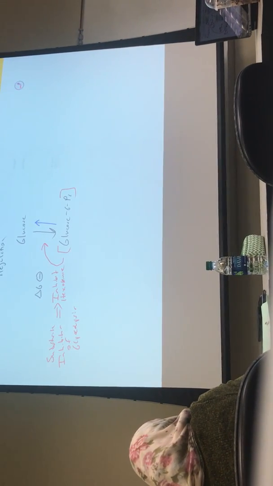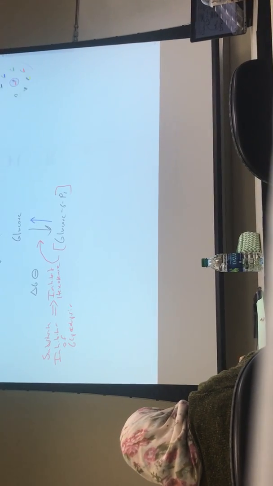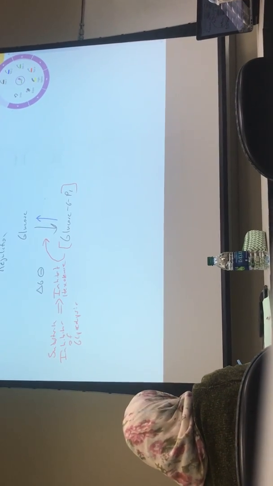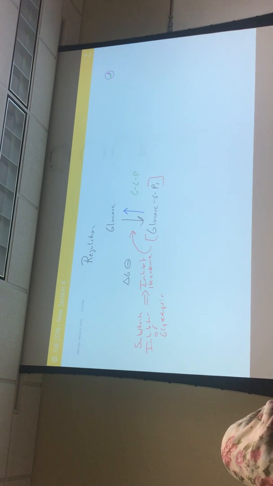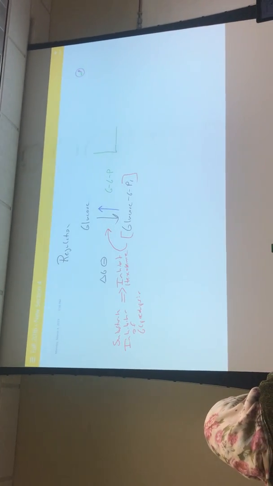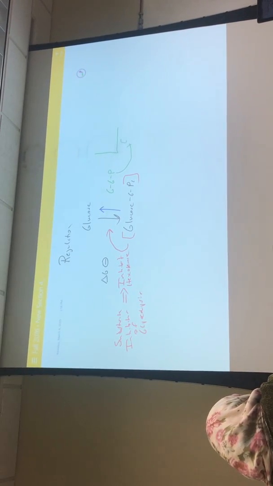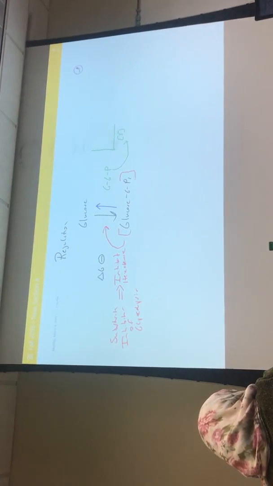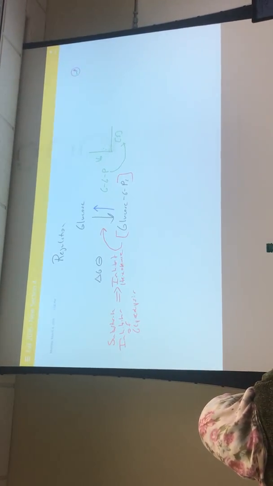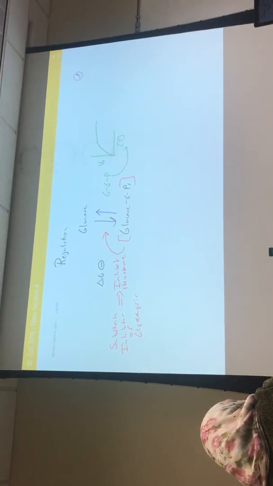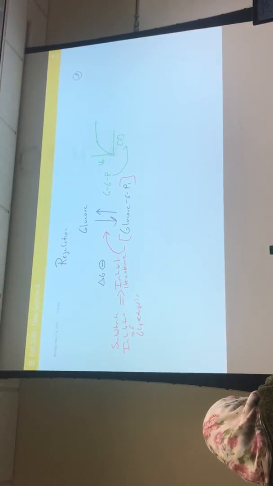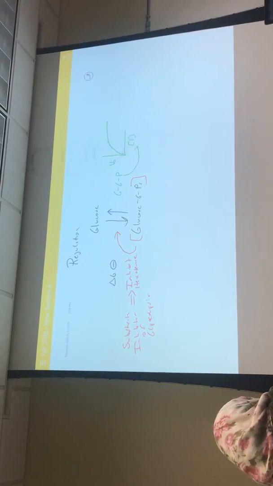Now, in the other path, over here, glucose 6-phosphate controls the rate because substrate concentration, as we learned last semester, controls the rate of a chemical reaction. And so it's a substrate level control for the phosphatase.